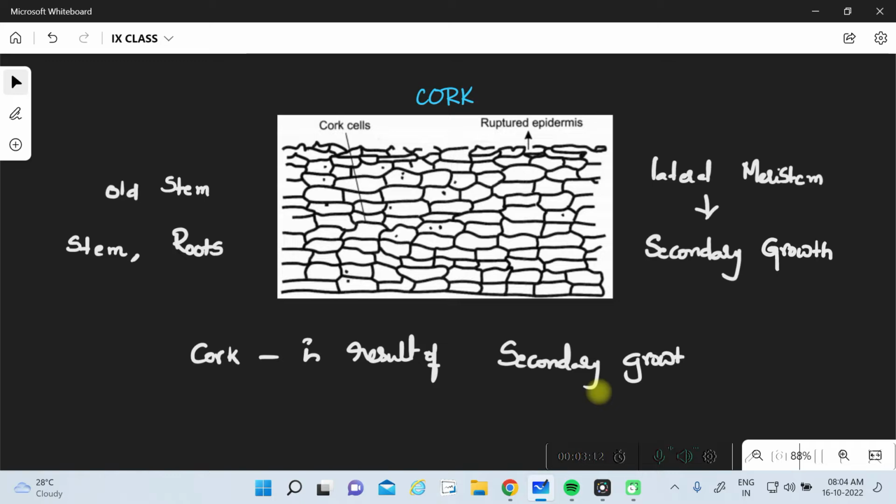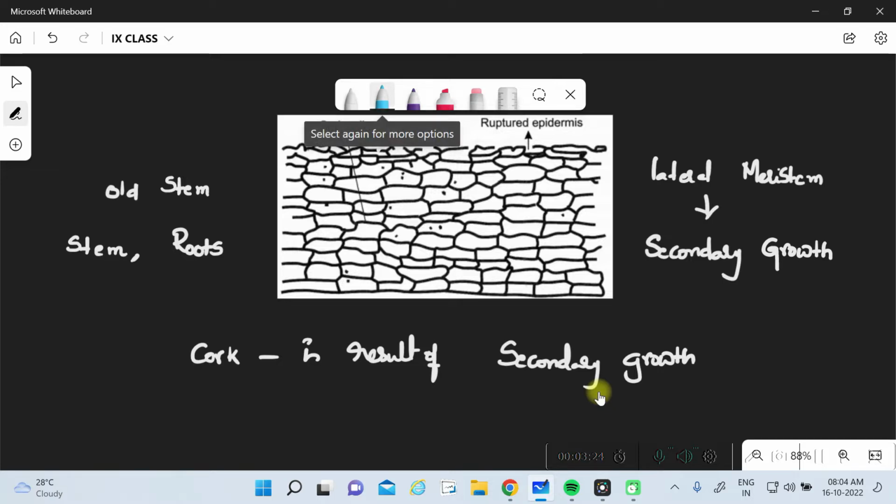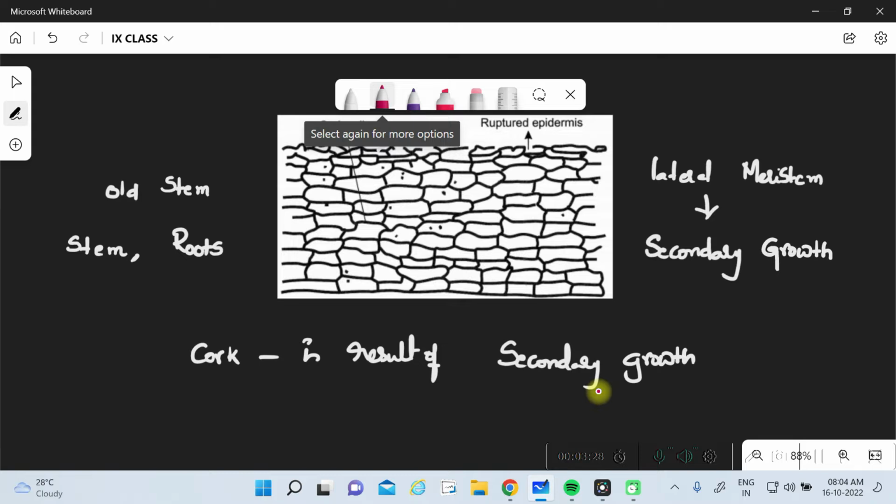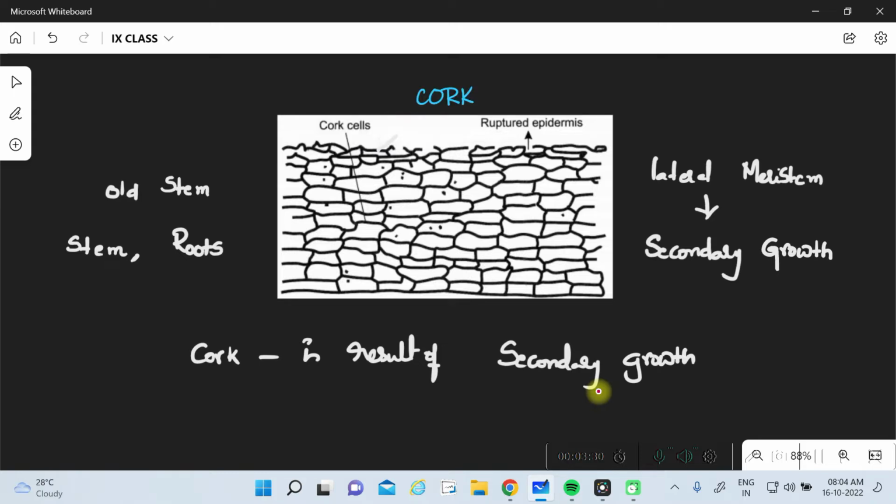You are able to see the diagram above. The outermost layer you are seeing is the ruptured cells. Initially the stem and root had epidermis.